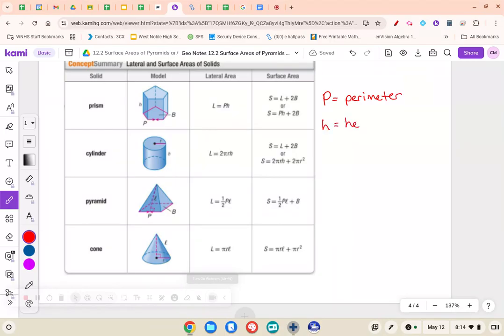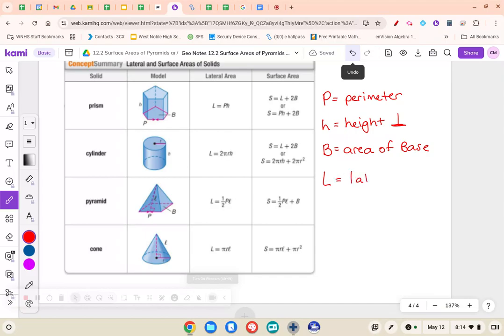H is height, specifically the perpendicular height. It has to be at 90 degrees. Big B is the area of your base. Now that changes out. Like in this one, the base is a pentagon. This one is a rectangle. Make sure you're switching them out for the correct base area formula.